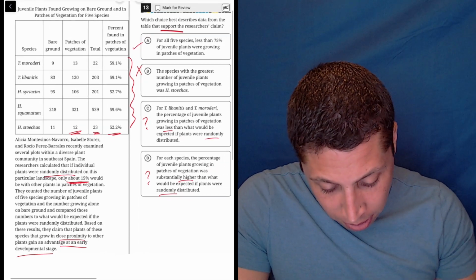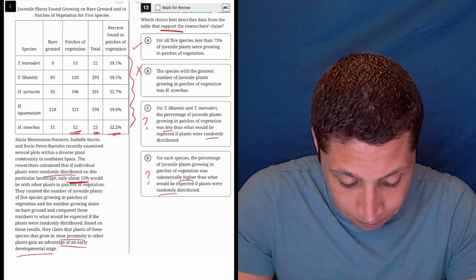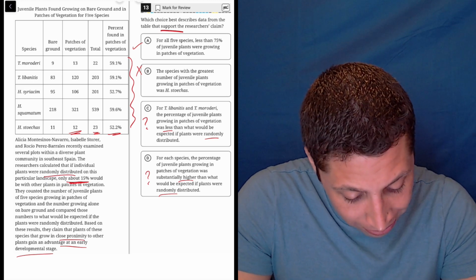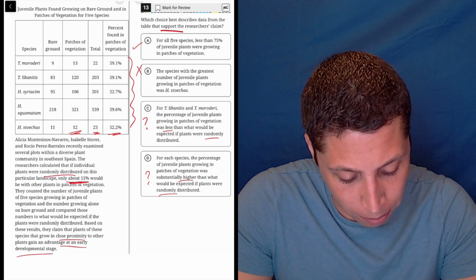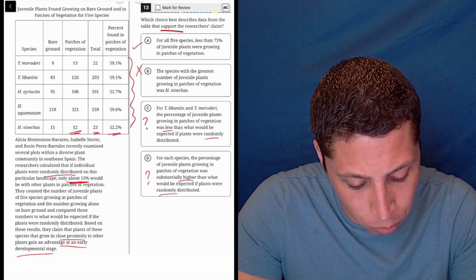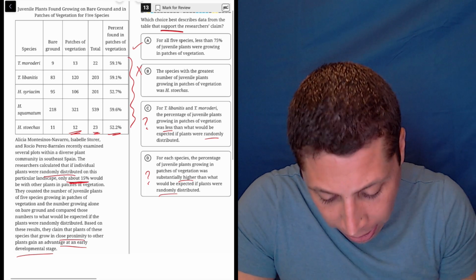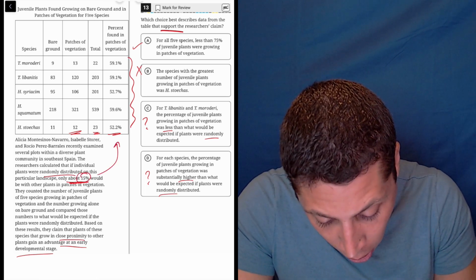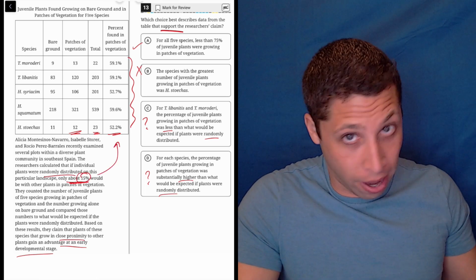So now I'm leaning towards D, because for each species, the percentage of juvenile plants growing in patches of vegetation was substantially higher than what would be expected if they were randomly distributed. Well, randomly distributed is 15%. These are all way higher than that, 50-something, right?